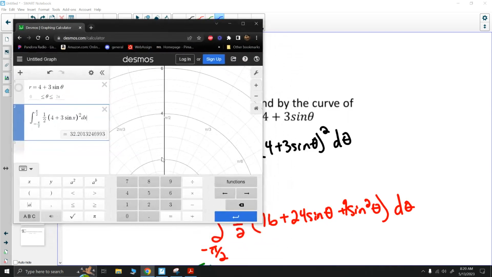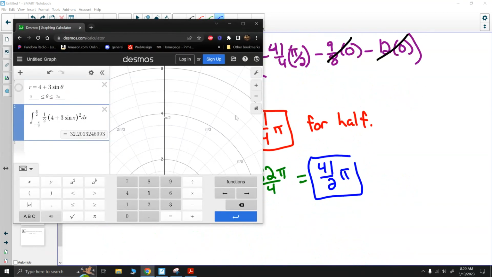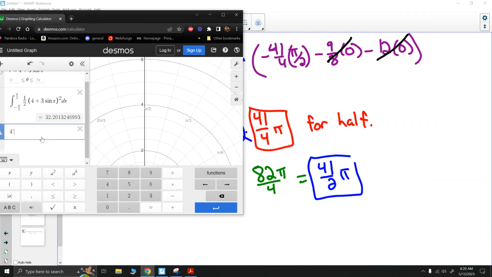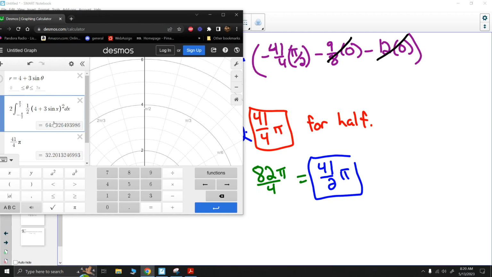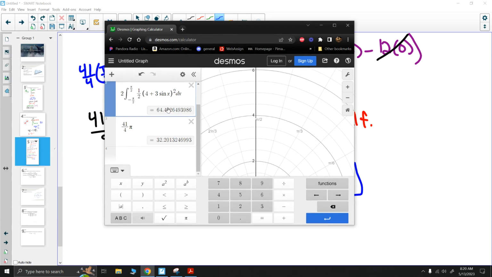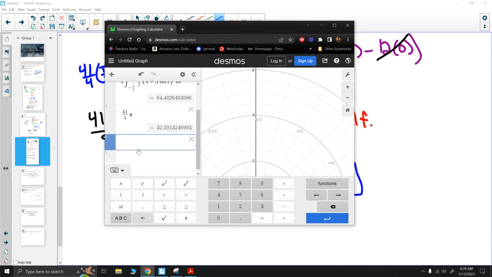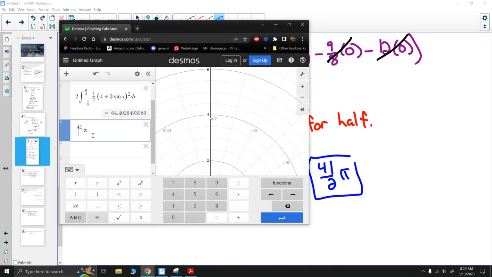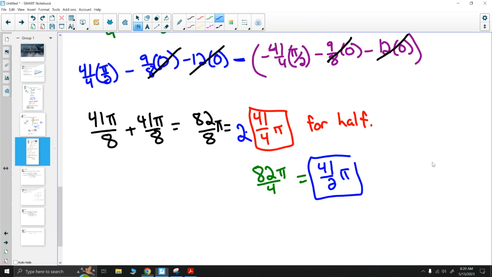Okay, we get this. This is half of it. Let's make sure that half works out. So 41 over 4 times pi is that thing, and then we double it. So if we had doubled it from the beginning, then we would have ended up with our 41 over 2 pi. Okay, so that checks out.